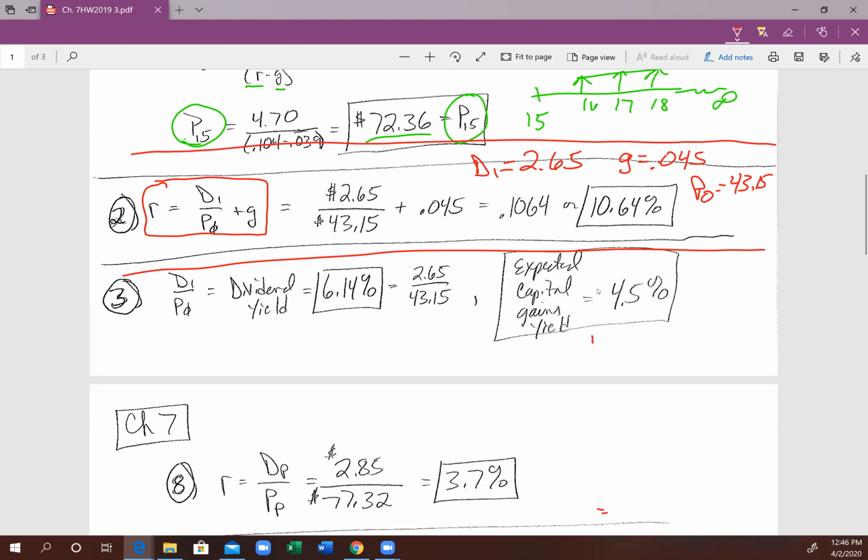So now that I have this equation, if I know D1 and I know P0 and I know G, it implies a required rate of return of 10.64%.